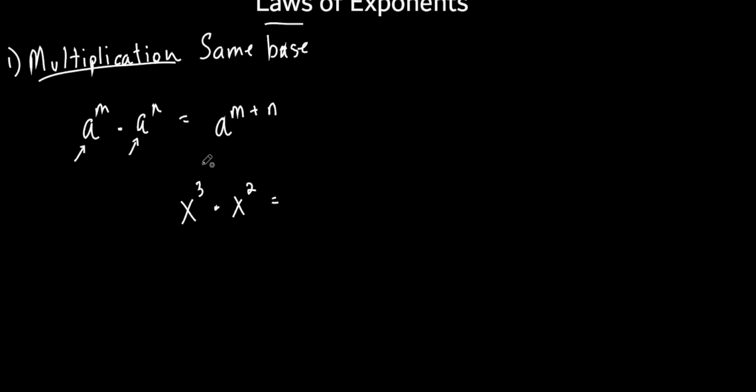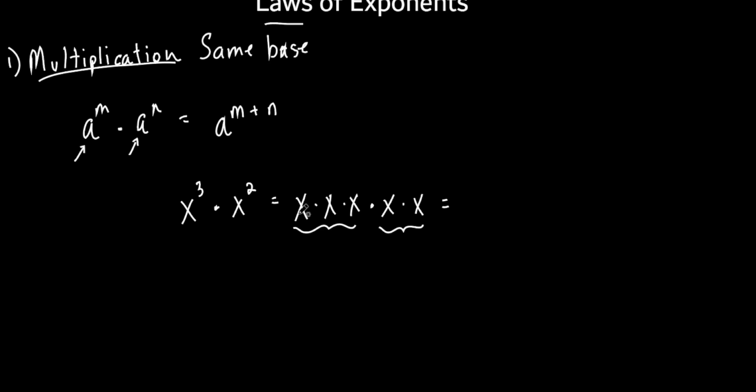Because x cubed means what? I'll just tell you. X times x times x. Isn't that the same thing as x cubed? Yeah, we talked about that yesterday. Now it's being multiplied by x squared. So I'm going to multiply it by another what? X times x. So this right here is my x cubed. This right here is my x squared. So if I multiply them all together, how many x's do I have?